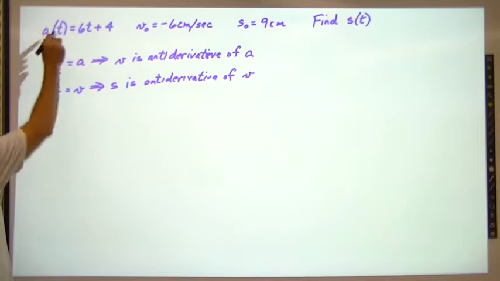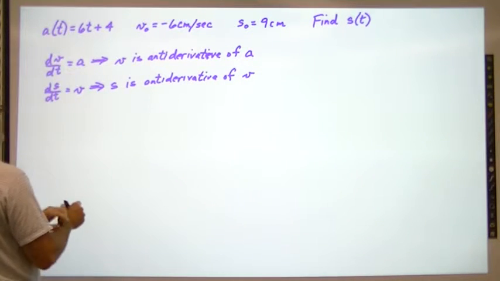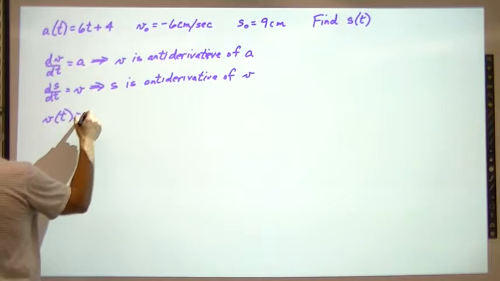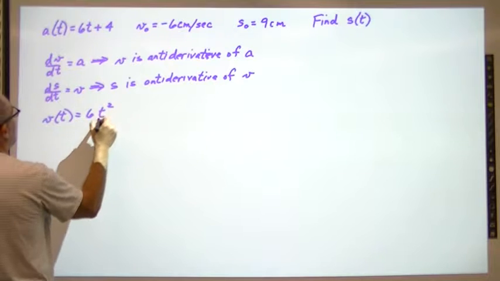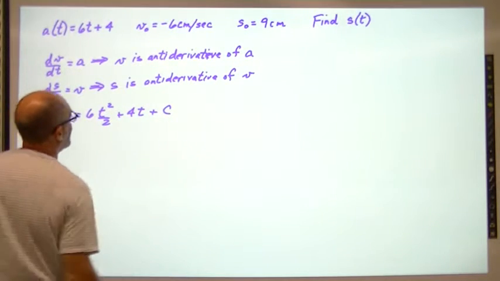Okay, so if I want the velocity, then I take the antiderivative of acceleration, so v of t is going to equal 6t squared over 2 plus 4t plus an unknown constant.